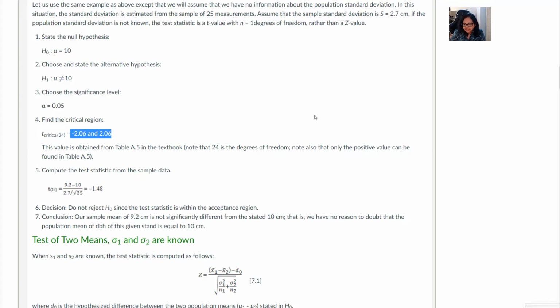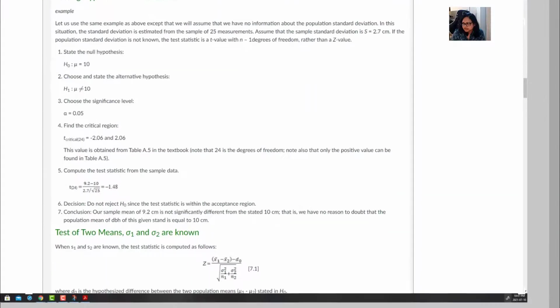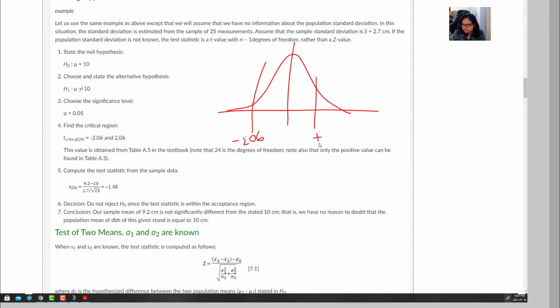And if I use negative 1.48, let's draw the distribution again. Okay, so I'm drawing that, and then the negative 2.06 and positive 2.06, these are the two critical values we have, and then where the negative 1.48 falls.